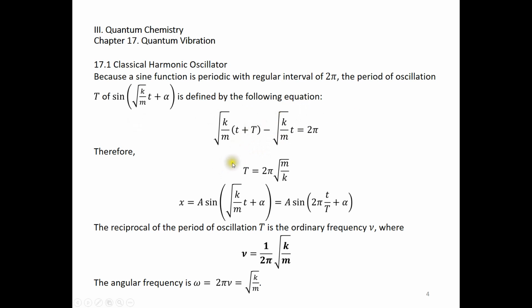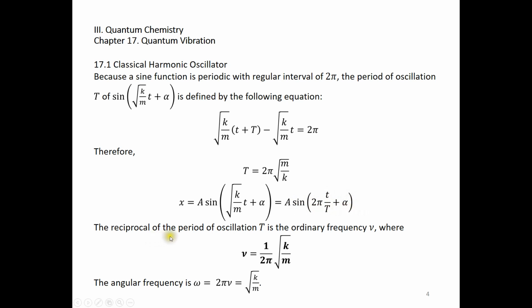Solving this equation, we get uppercase T, the period of oscillation. It's 2 pi times the square root of m over k, and x can be written as a sine function of 2 pi multiplied by time divided by the period, plus some phase shift.